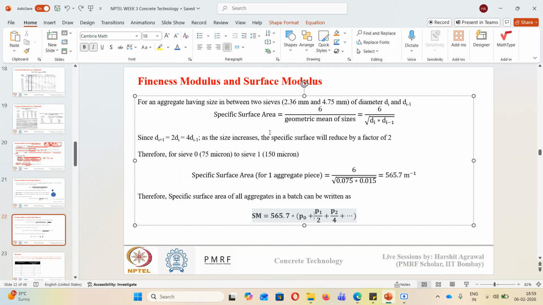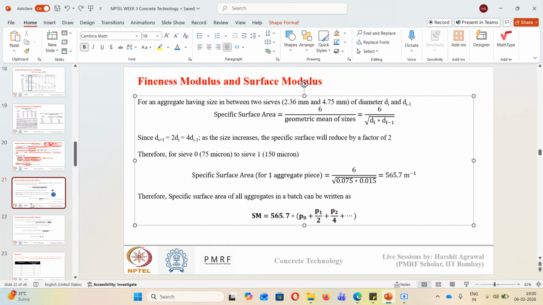So just do this calculation for all combinations. That was for 75 to 150. Now do the calculation from 150 to 300, and you will get around 332.3, which is nothing but 565.7 divided by 2. That's why we took 565.7 common and put the 2 inside. This is how we determine the surface modulus.